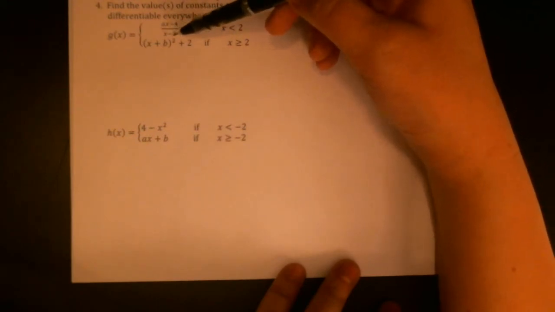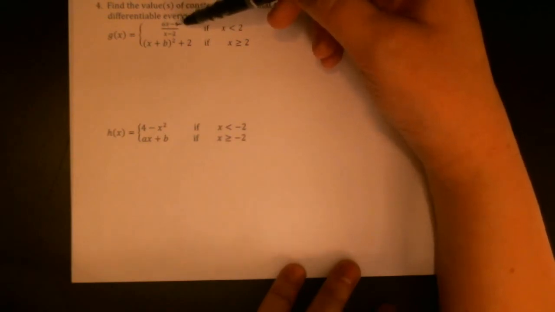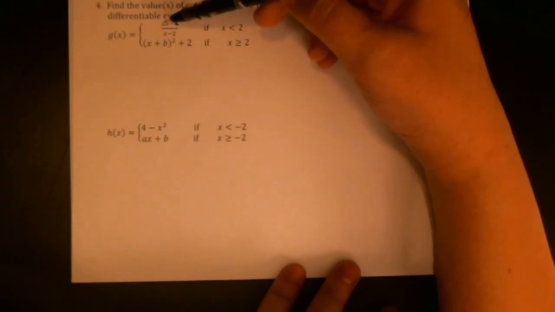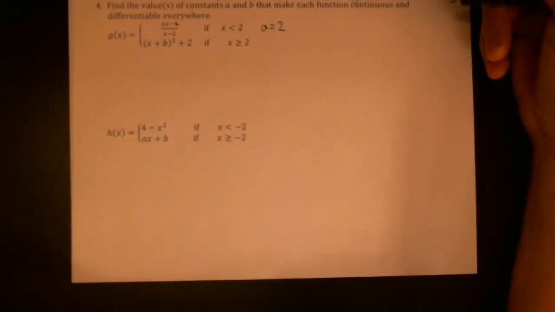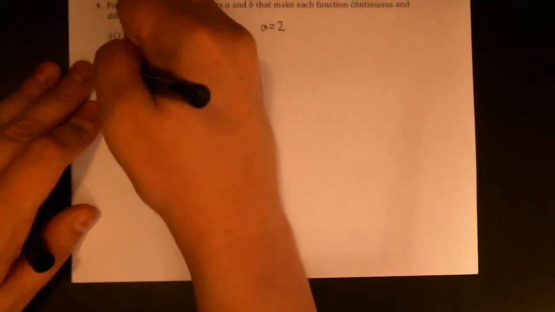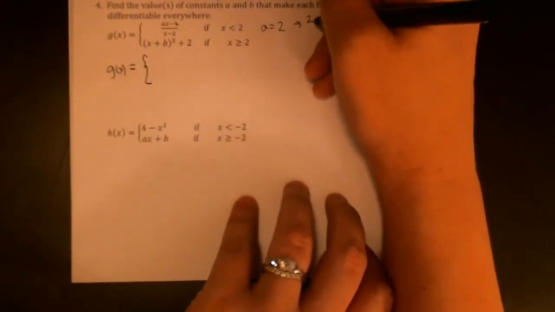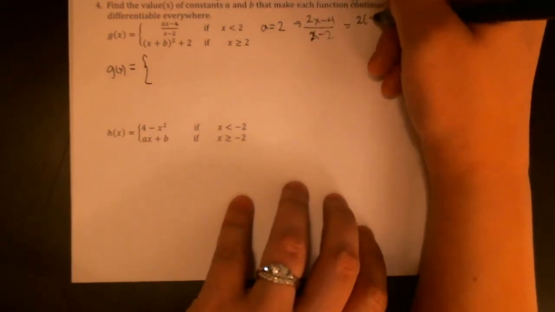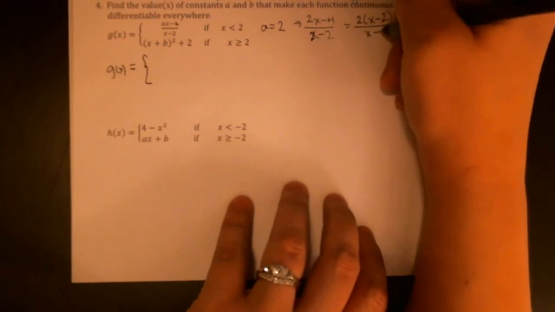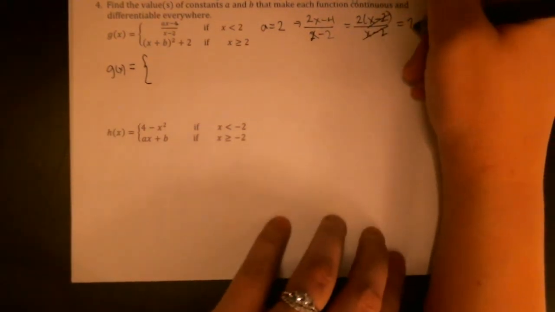So the 2 minus 2 gives me my 0 on the bottom. I have a times 2 minus 4 on the top. If I want that to be 0, I need a to be 2, so that I have 2 times 2 minus 4. So it looks like a needs to be 2 for this thing to be continuous. So now I'm looking at g of x is equal to, okay, so I take my 2x minus 4 over my x minus 2, and on the top I can factor the 2 out, and I actually am just left with y equals 2.